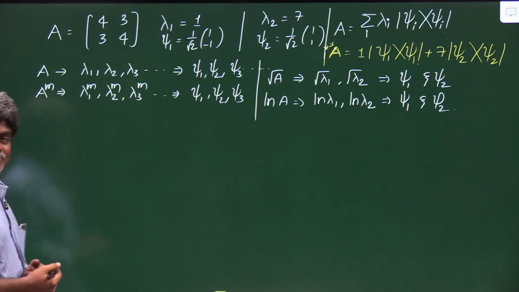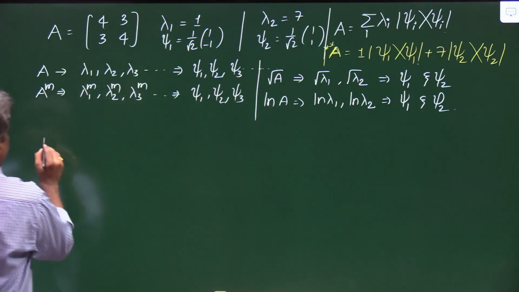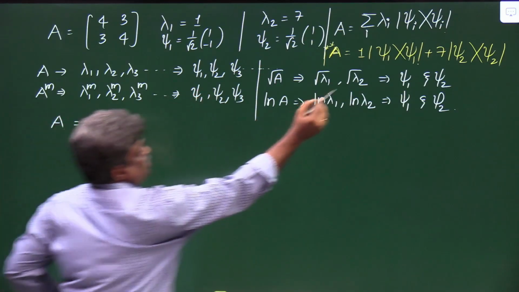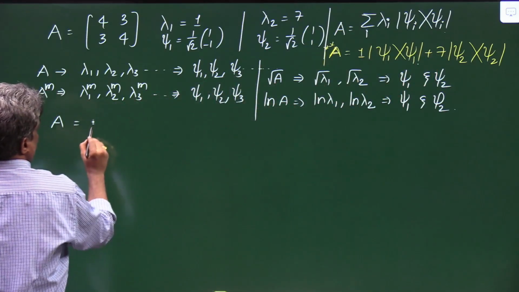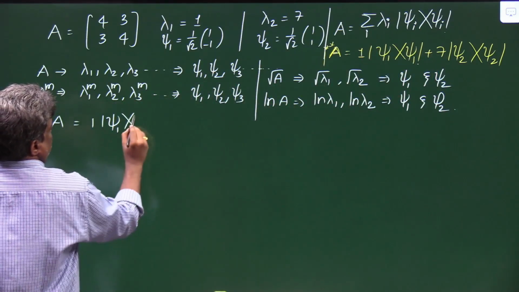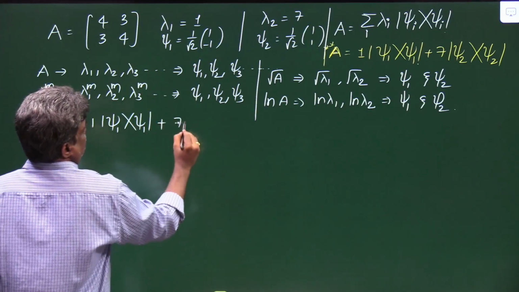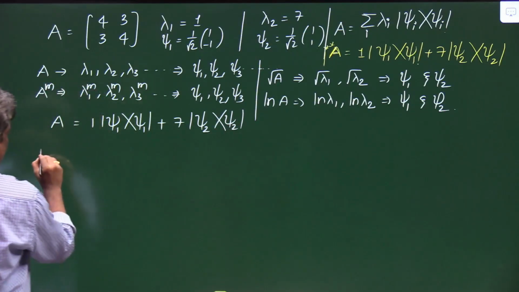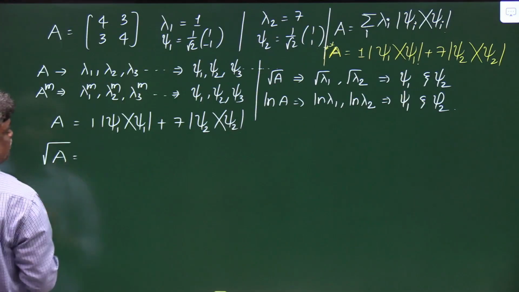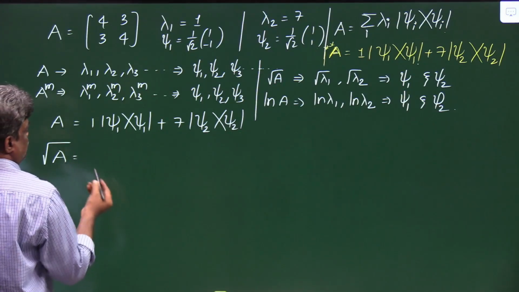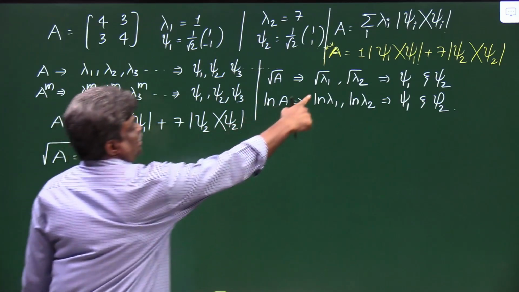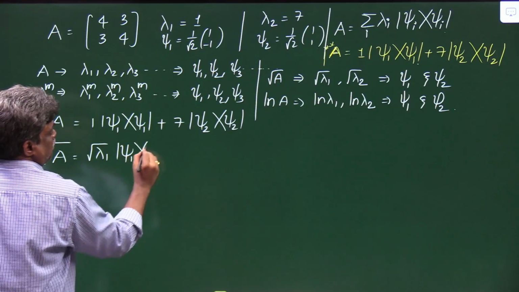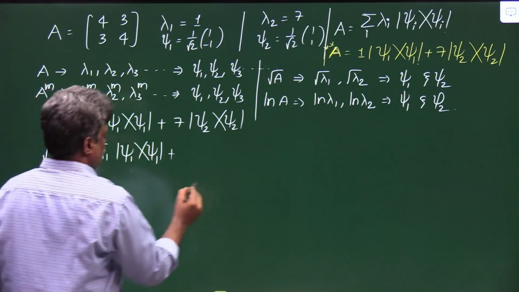Now it's very simple. First I am writing my given matrix A in the form of a spectral decomposition: 1 psi 1 outer product plus 7 psi 2 outer product. Now I want the square root of A. So this, I told you already, is root lambda 1 with the same eigenvector.